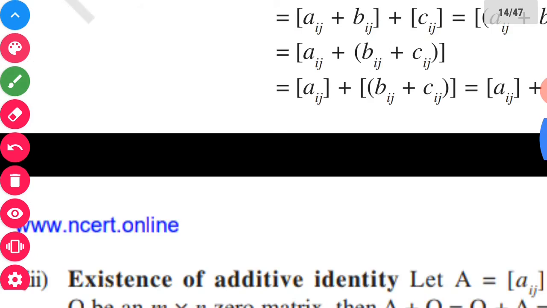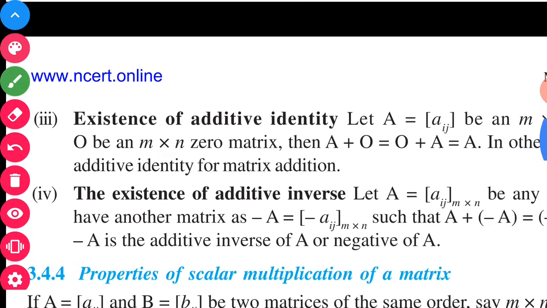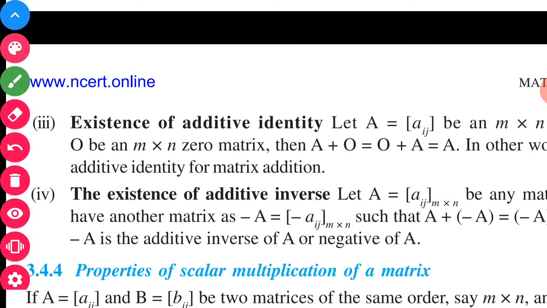Okay, now the next is the existence of the identity element for addition. Identity element for addition means when we are given a matrix and we add it with the 0 matrix. The 0 matrix we have already discussed in the definition of matrix: a matrix whose elements are all 0.